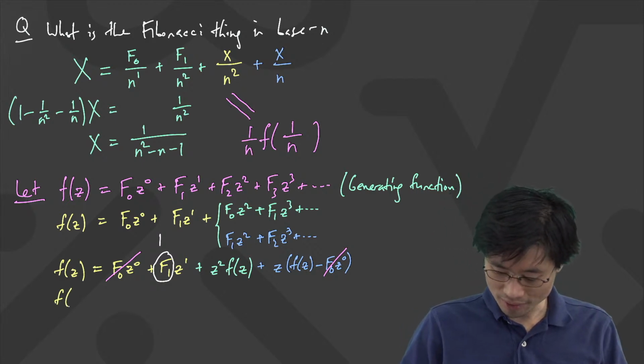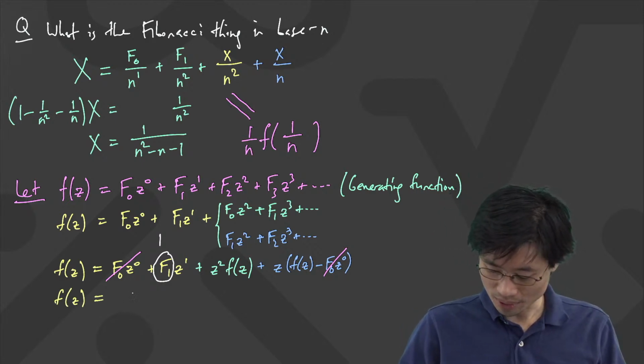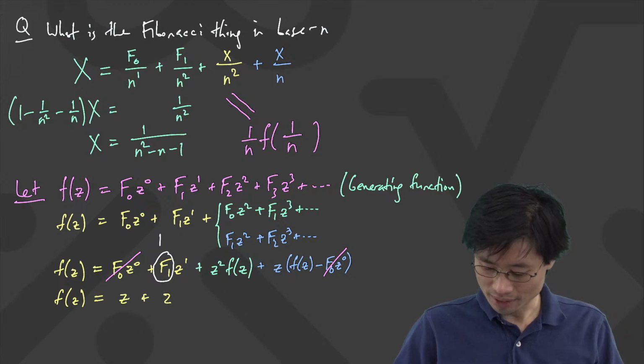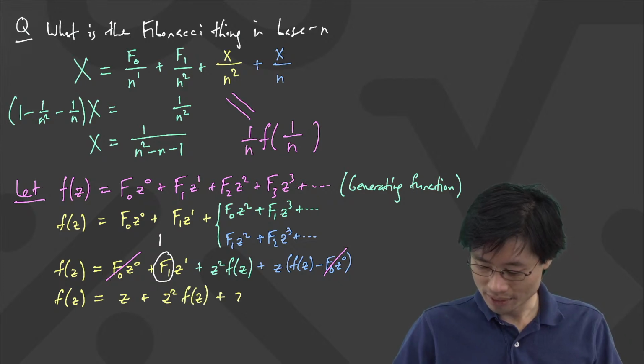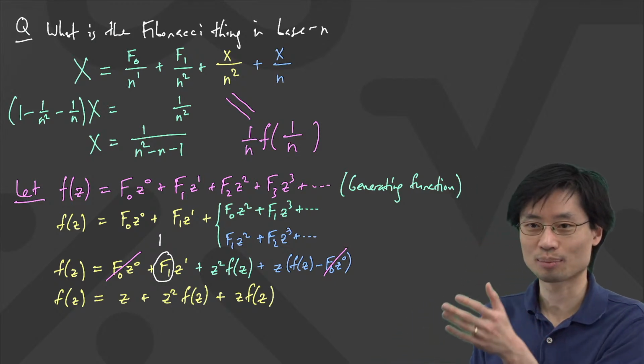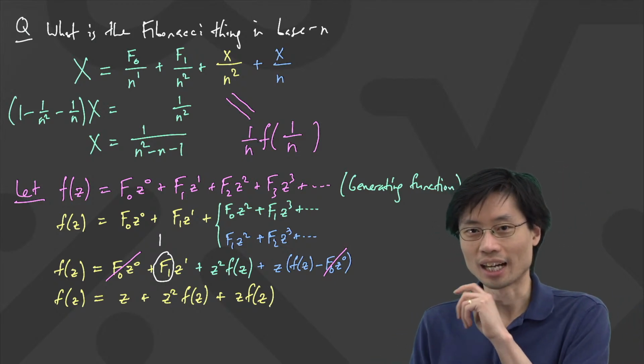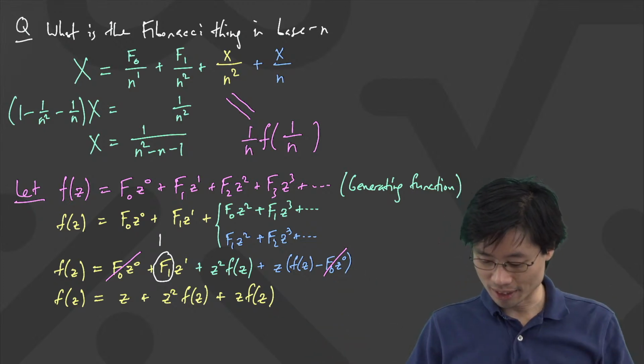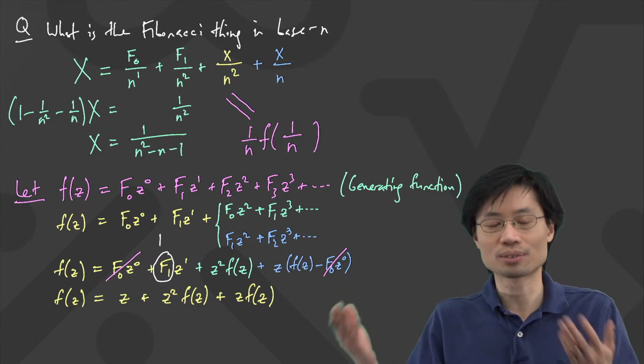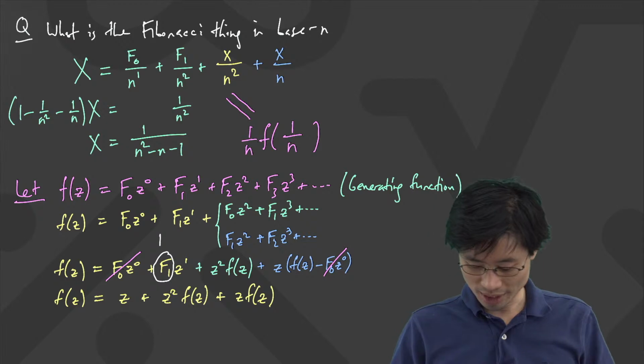I know that f of z is equal to just plain z plus z squared f of z plus z f of z.